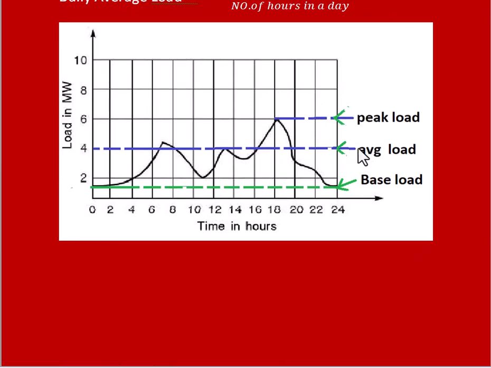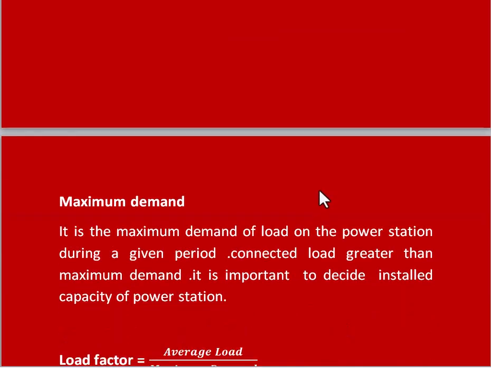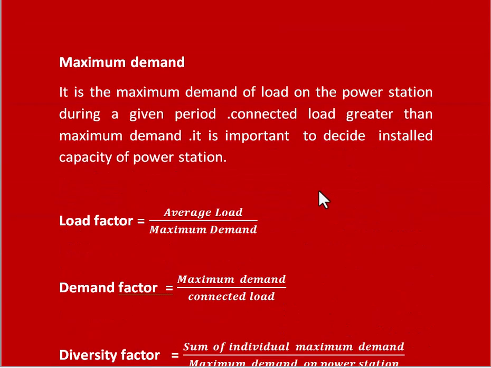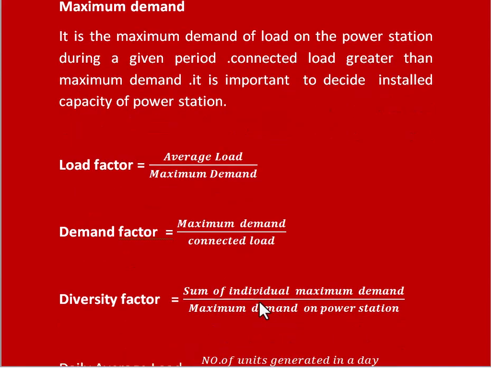Average load means this. Similarly, demand factor is nothing but maximum demand divided by connected load. Similarly, there is another term called diversity factor. It is nothing but the sum of individual maximum demands divided by the maximum demand on the power station.